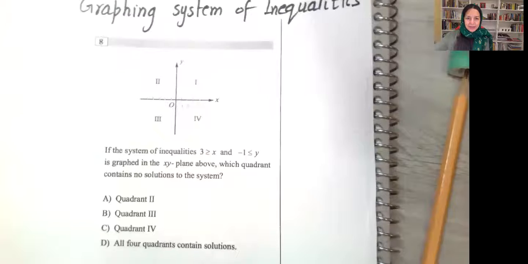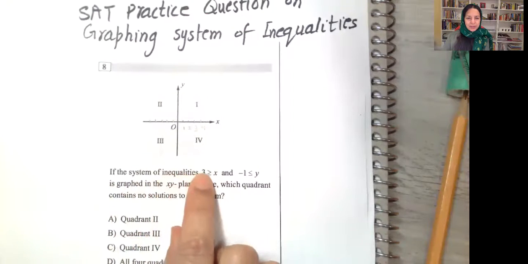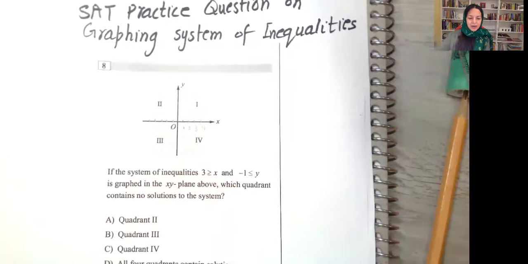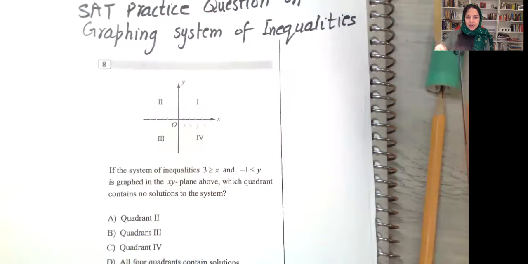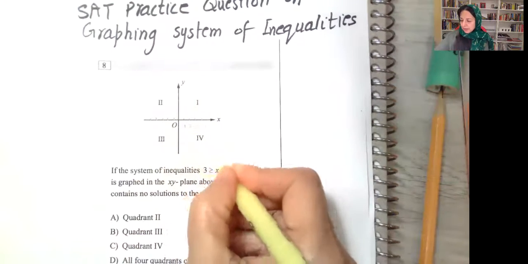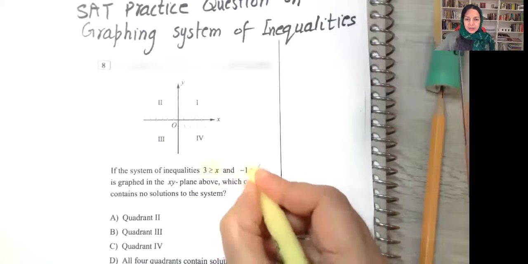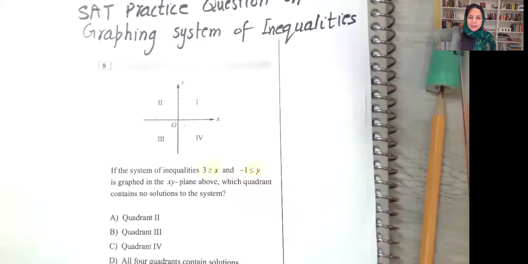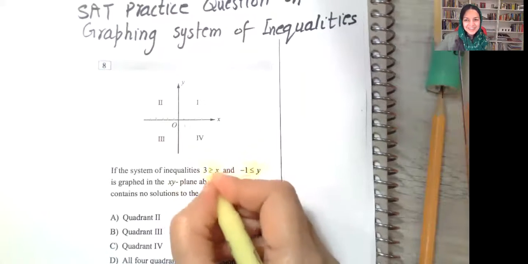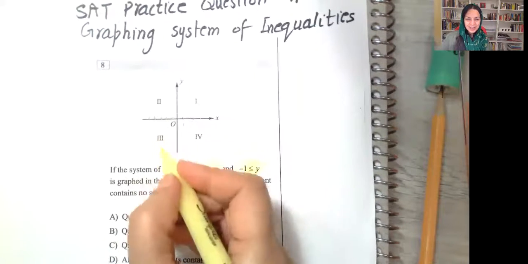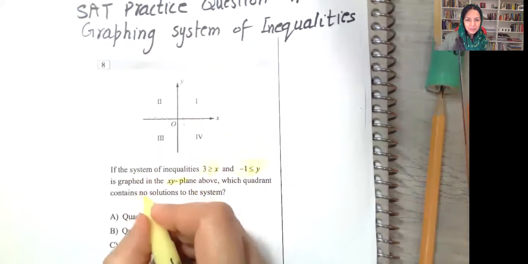We are given a coordinate plane, and the question is: if the system of inequalities x is less than or equal to 3 and y is greater than or equal to -1 is graphed in the xy coordinate plane above, which quadrant contains no solution?